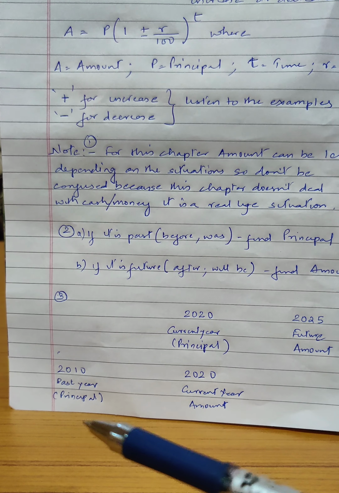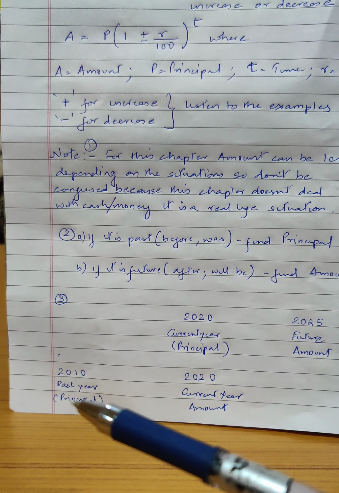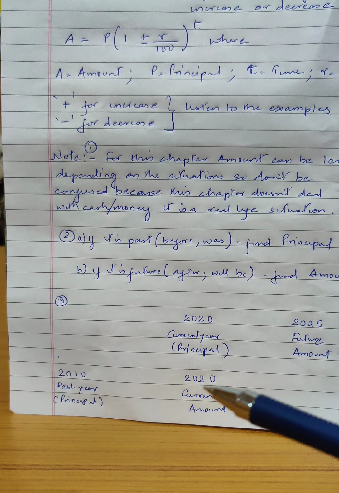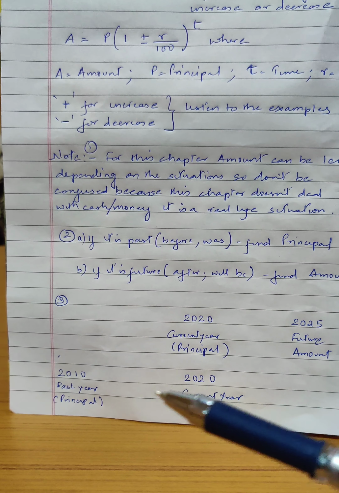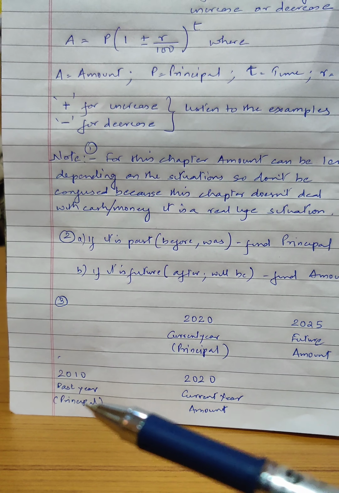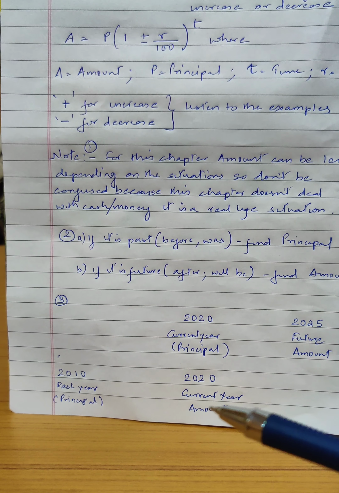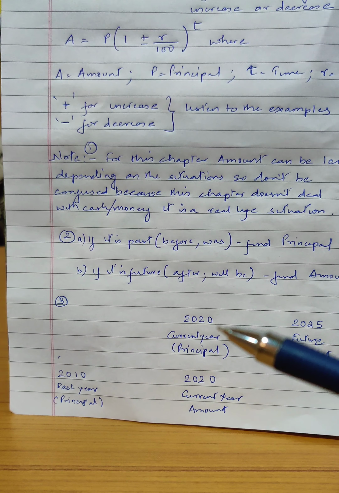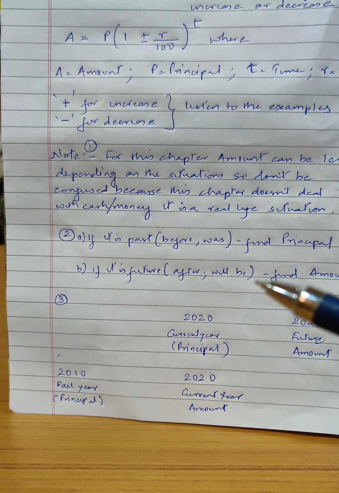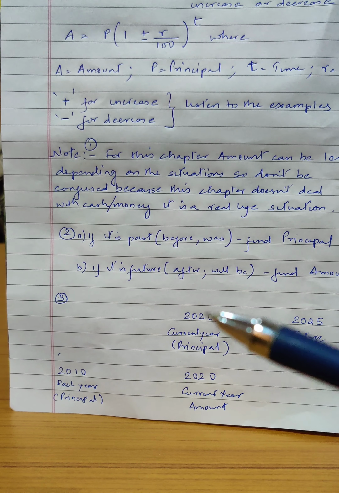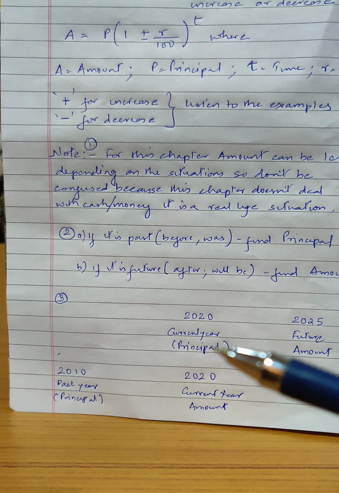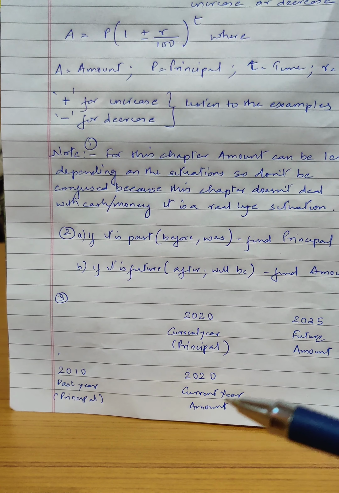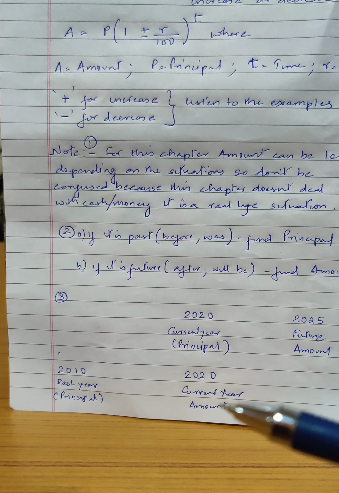Again, let's take another scenario where we talk of 2010 and the current year as 2020. Under this situation, 2010 becomes principal and 2020 becomes amount. Here I want you to see this 2020: under one situation, this same 2020 was taken as principal, and under the other, the same 2020 was taken as amount.